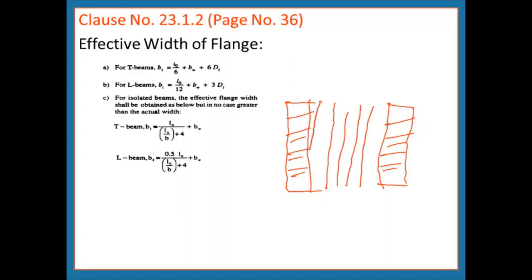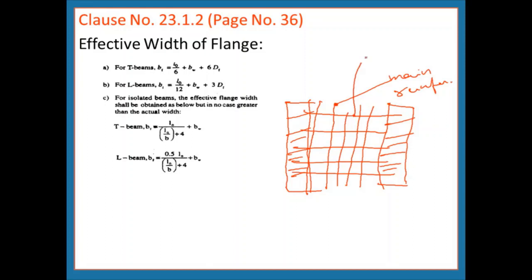Main reinforcement of the slab is parallel to the beam. Then in that condition, the transverse reinforcement will be in this direction. So this is the main reinforcement and this is the transverse reinforcement.